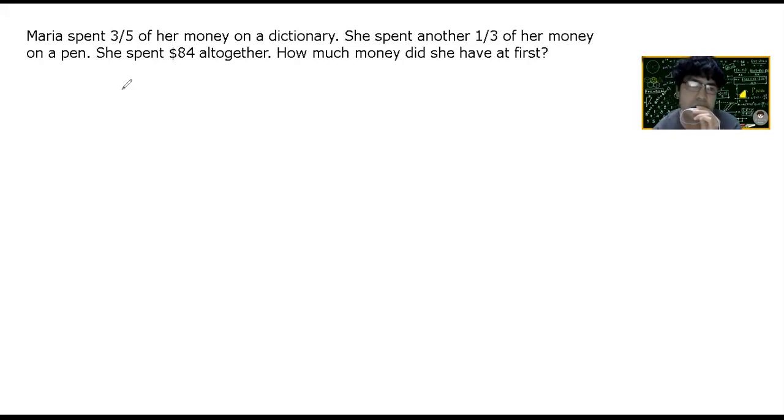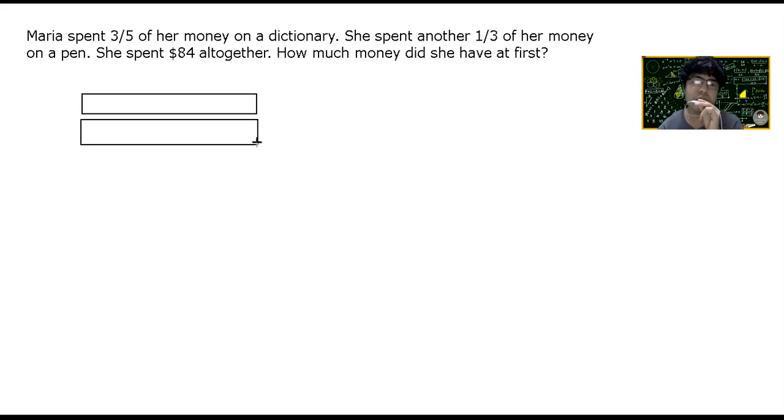Let's draw one rectangular bar to represent the whole, or the total amount of her money at first. When you say 3/5 of her money, you need to divide this whole bar into five equal parts.